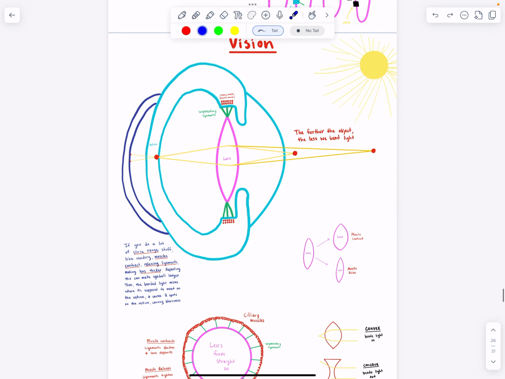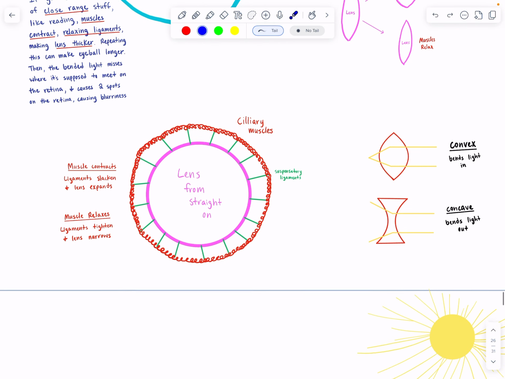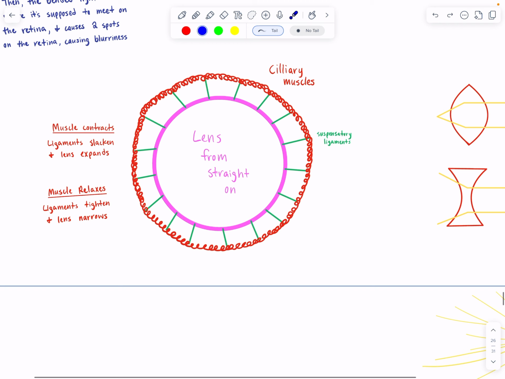Let's see. So as far as structures, this is the lens. It's attached to the eye with suspensory ligaments, and it's got these ciliary muscles. Looking down here, if we were to look at it straight on, the ciliary muscles surround the whole thing.